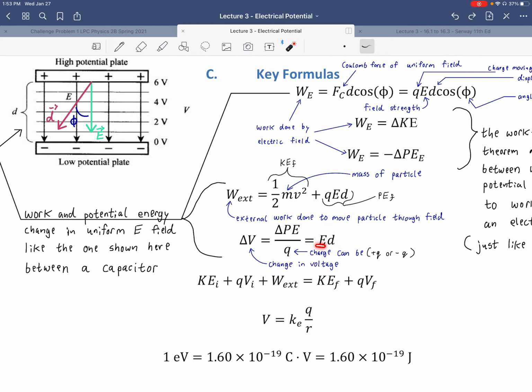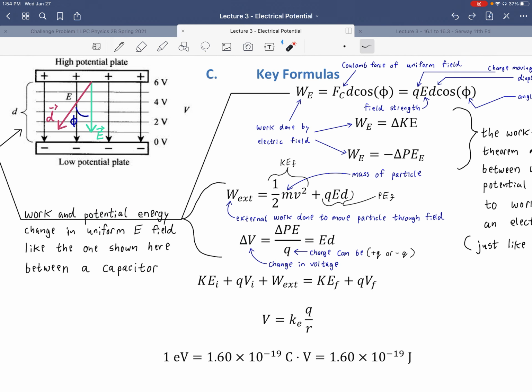It's just electric field times distance. That's a very simple relationship. Change in voltage is just electric field strength times distance. Now of course that only works if the electric field strength holds constant over that distance, which is why we needed the uniform part. But still comes up a lot.